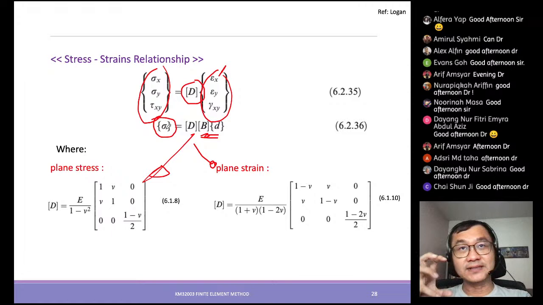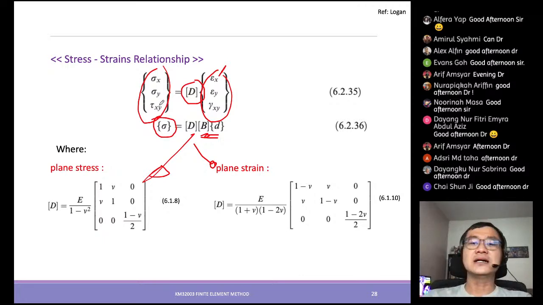Since this is sigma x, sigma y, and shear stress xy, if you have a CST like this, the stress will be represented by the centroid of the element itself.